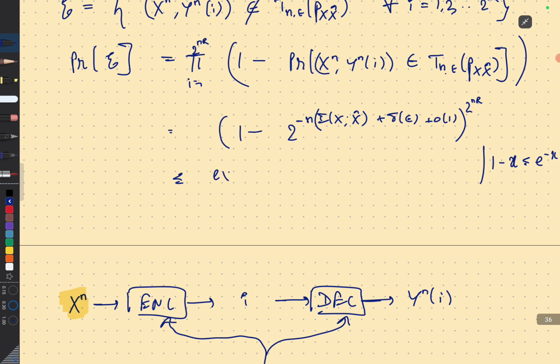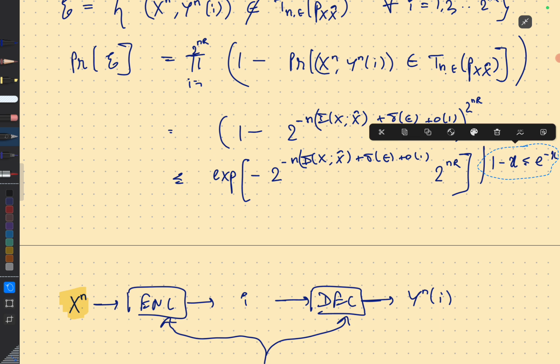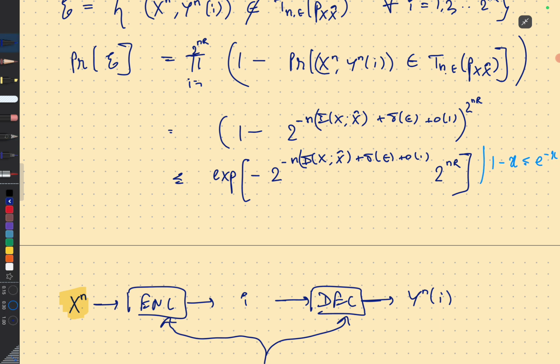So this quantity is less than or equal to e to the power minus 2 to the minus n times the mutual information between x and x hat plus delta of epsilon plus little o of 1, times 2 to the nr.